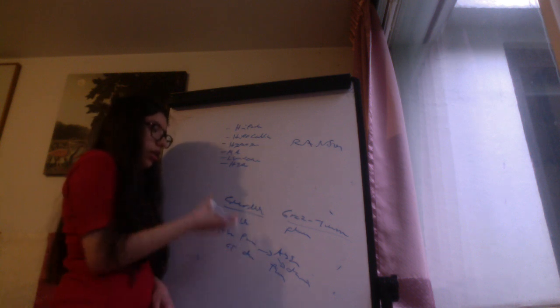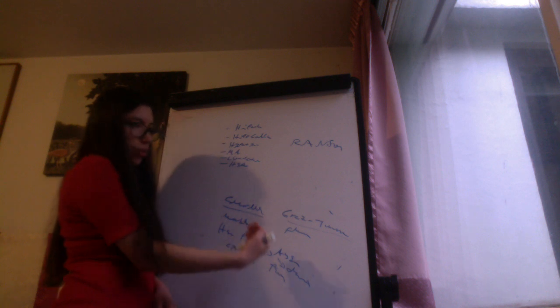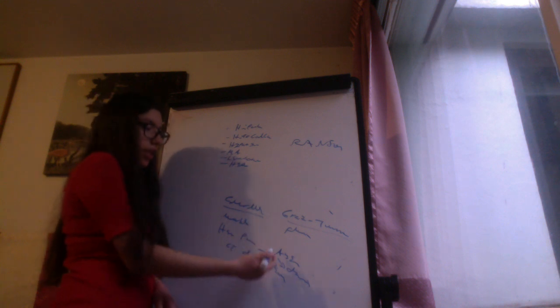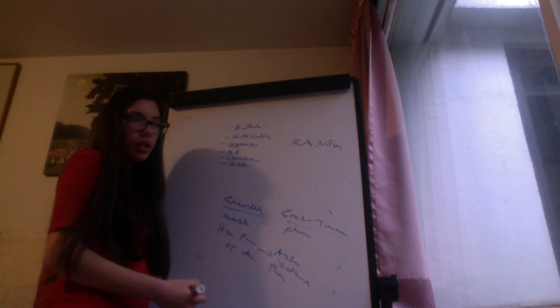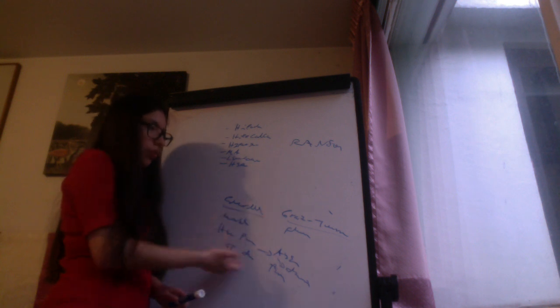So in a sense, the necrotizing pancreatitis can lead to a hemorrhagic pancreatitis, and the hemorrhagic pancreatitis can lead to a suppurative pancreatitis. The abscess can arise in an edematous pancreatitis or in a necrotizing or hemorrhagic pancreatitis.